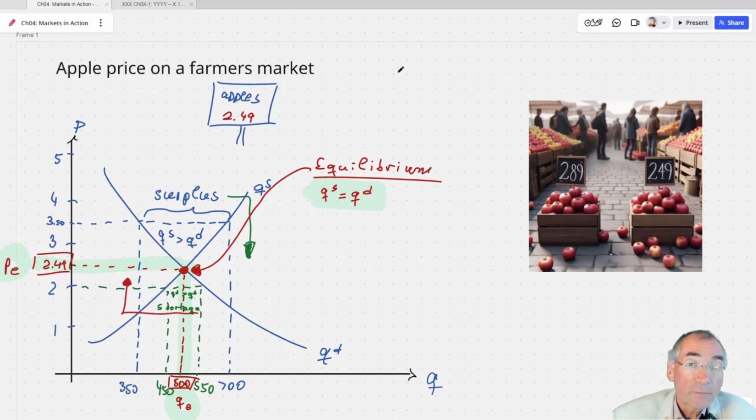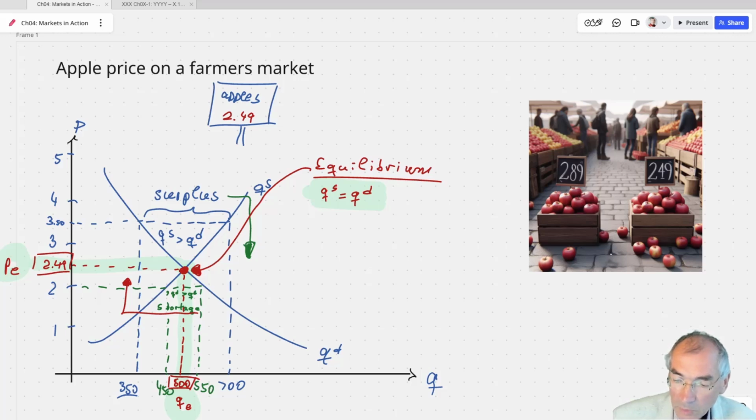If we compare the three situations, we see that this is the case. Because when we go to the first situation of a surplus, then at the end, it would have been 350 traded. Although the suppliers wanted to sell 700, if people don't buy 700, but they only buy 350, that doesn't work.